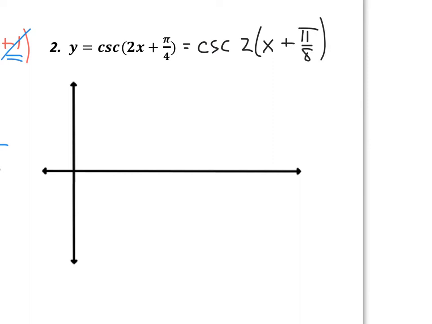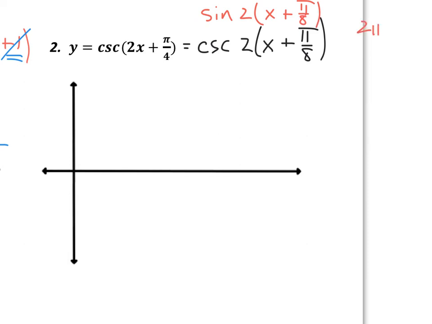Okay? All right. Do we need to do the chart? No? You feel confident doing it without? Okay. Reminder that if you need to, you could start by thinking about graphing sine of 2 parentheses x plus pi over 8. Okay.